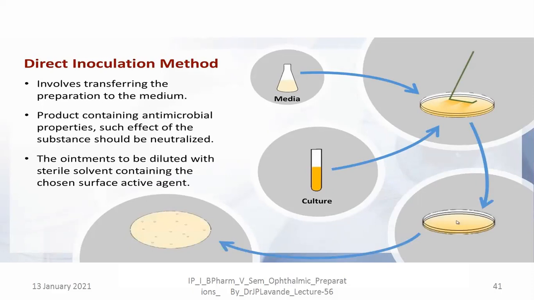Because if the nature of the product itself is antimicrobial, we cannot distinguish whether there is no growth because of the antimicrobial property of the product, or because it is purely sterile, right? So in order to differentiate that, it is very necessary to neutralize the antimicrobial property of the product.